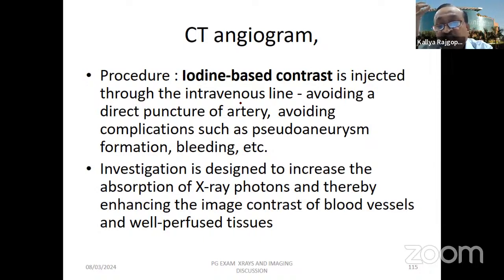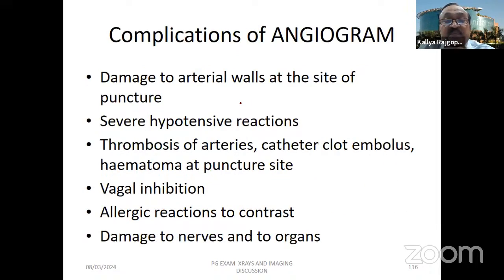This is how you diagnose various images of the blood vessels and see which are well perfused. Whenever we do angiogram, a few things to be remembered: iodine allergy, thrombosis, vagal inhibition, damage to the nerves, and even the artery can undergo spasm. These are some of the important complications of the angiogram to be remembered.